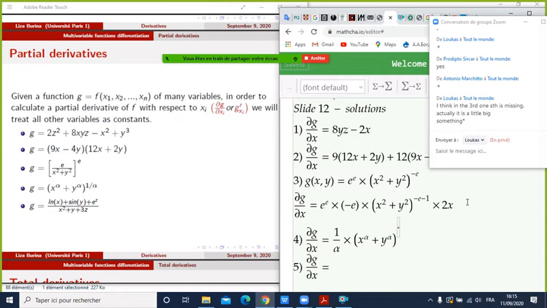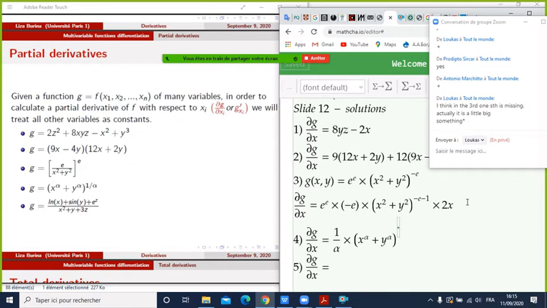Wait, I took the derivative. Well, what is missing? Is something missing? Oh, you can unmute and pronounce it.